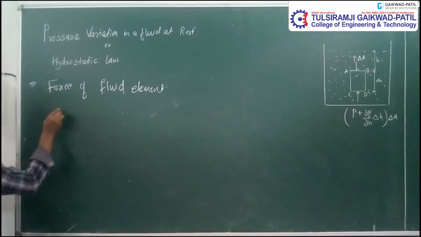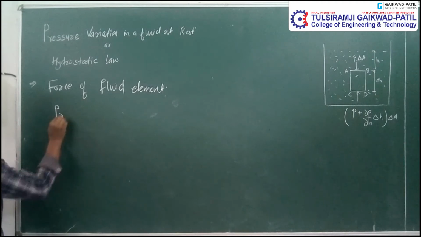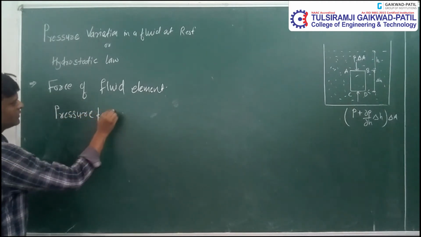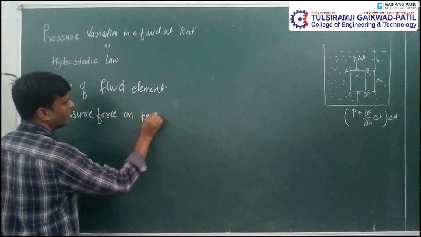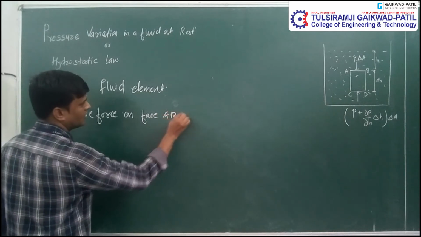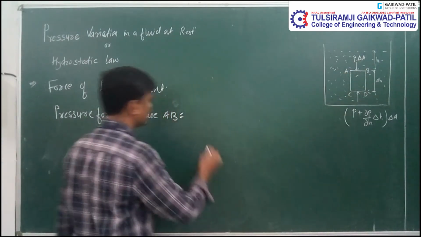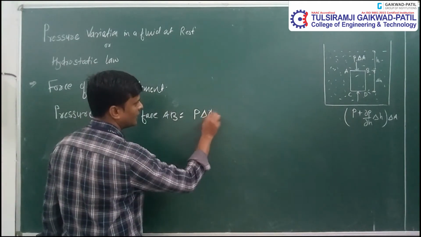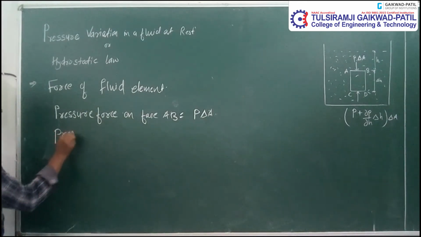So the first force is the pressure force on face AB. This force which is acting on face AB is P into delta A.